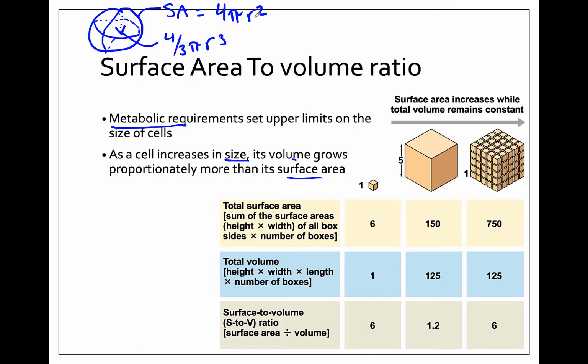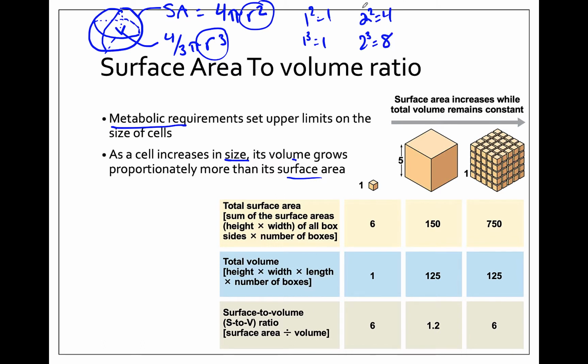Here you can see that r squared is going to increase quickly, but r cubed is going to increase much faster, right? If we start with an r of 1, well, 1 squared is 1 and 1 cubed is also 1. If we double the radius to 2, well, 2 squared is 4, but 2 cubed is 8.